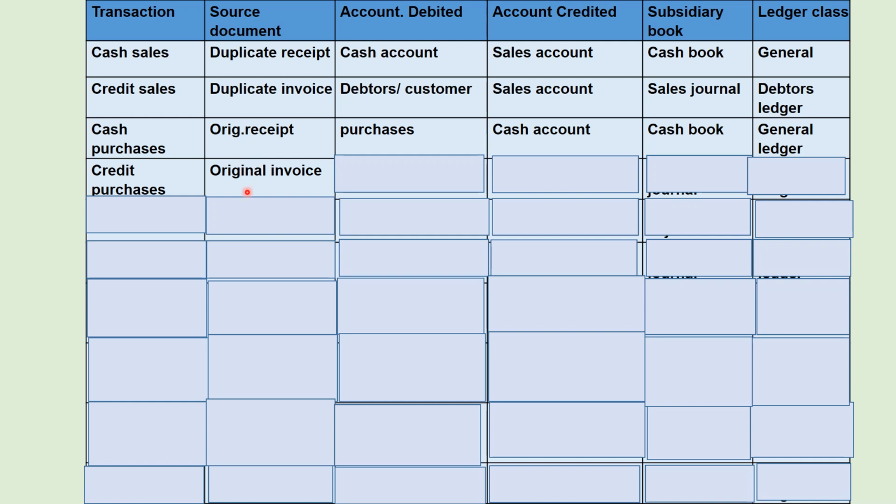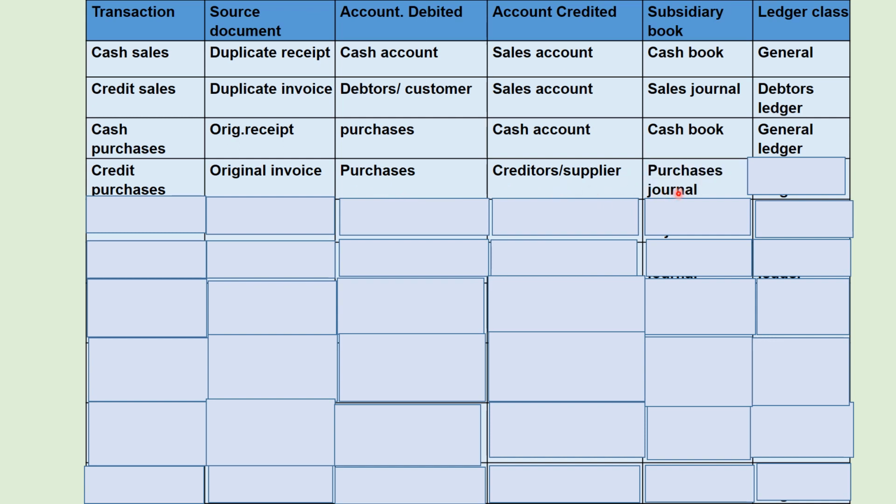So the accounts that are involved are of course the purchases account and the creditors account. The creditor who has given you goods is going to give away goods. Therefore, they are going to be credited, while your purchases is going to receive goods. Therefore, purchases is debited and the creditors account or suppliers account is going to be credited. The subsidiary book is the purchases journal and the class of ledger is the creditors ledger, where you record companies or businesses that you owe money.